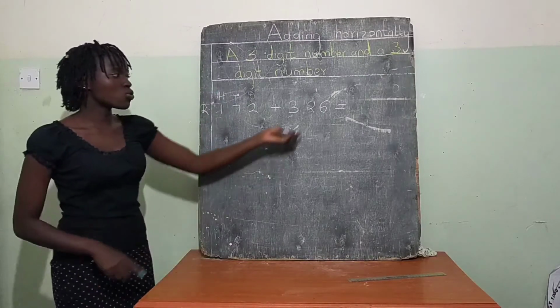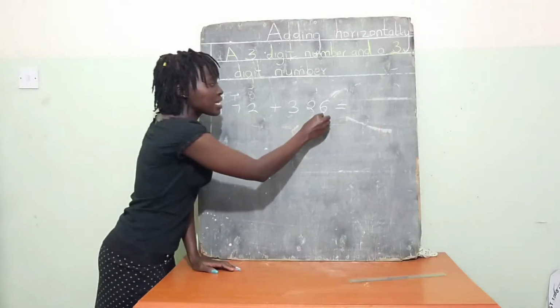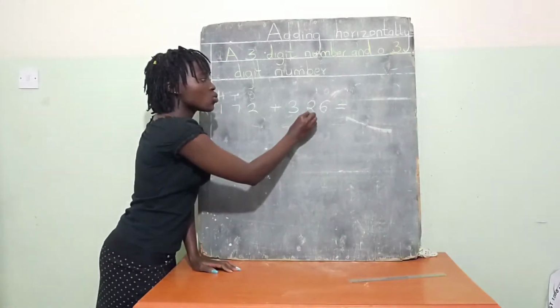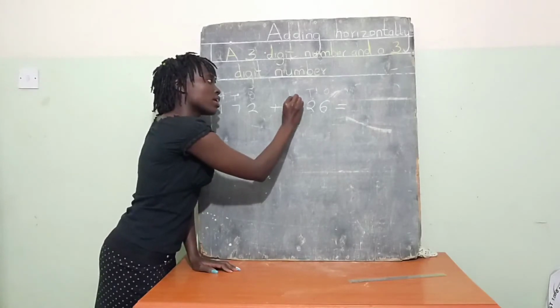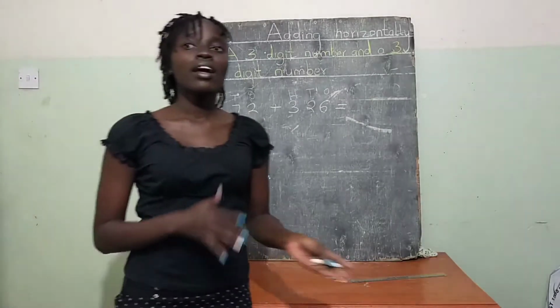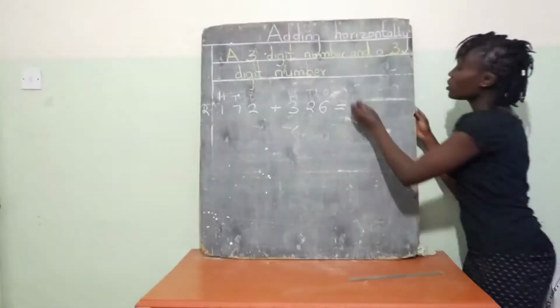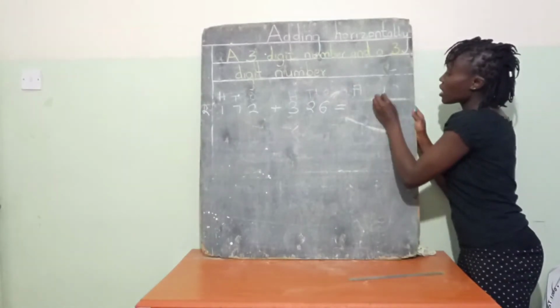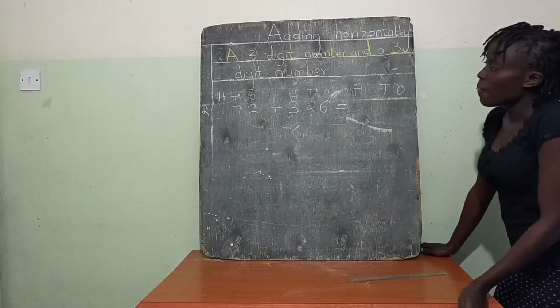Then we move on to 326. We get the place value, which 6 is ones, 2 is tens, and 3 is hundreds. Then we put the place value after the equal sign, which is hundreds, tens, and ones.